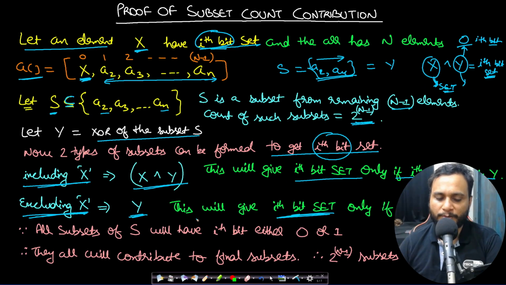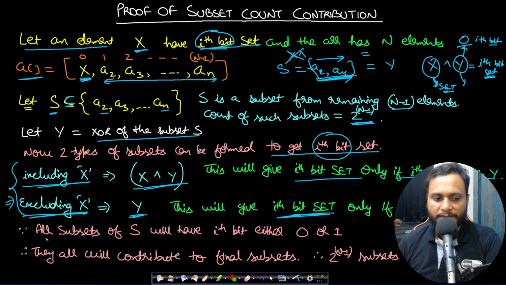So that will not contribute. Okay, so these are the only two cases which can happen. So it will never happen that a subset A2, A4 is taken, which gives X XORed with A2 XOR A4 with the ith bit set, and if you don't take X, then also the ith bit will be set. It is not going to happen, right?